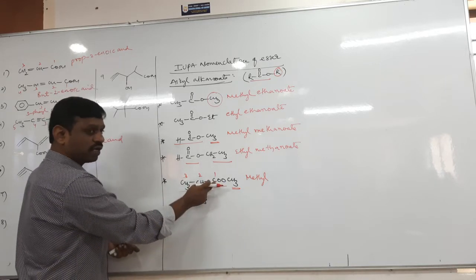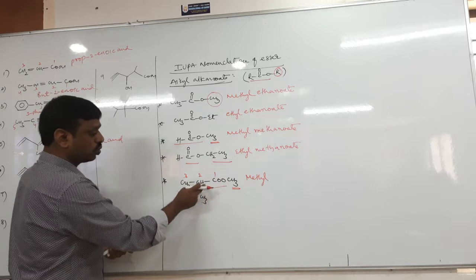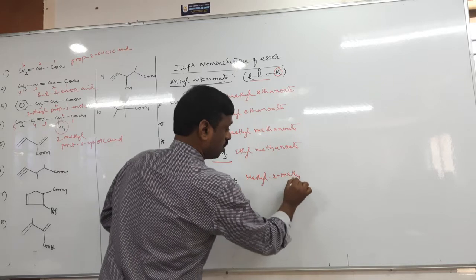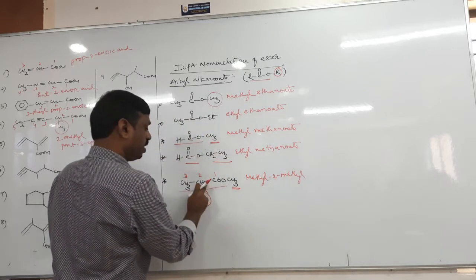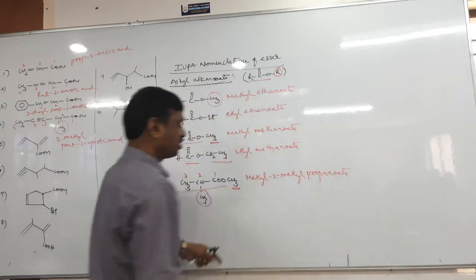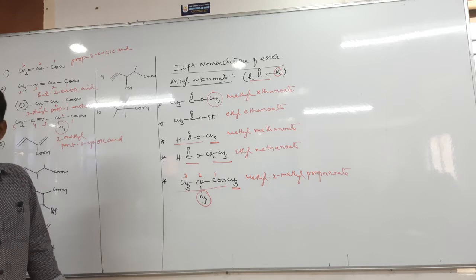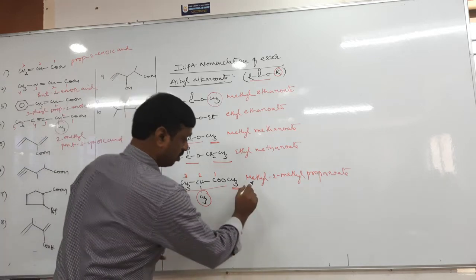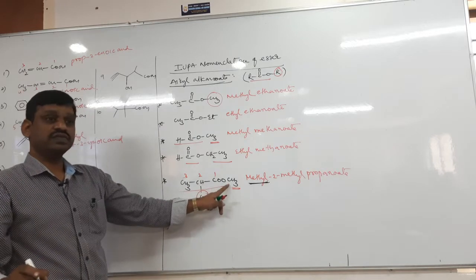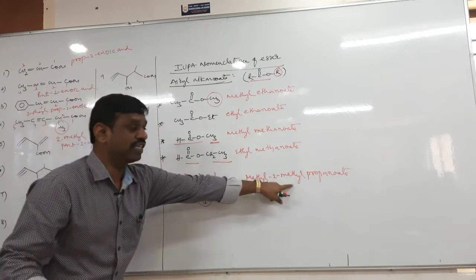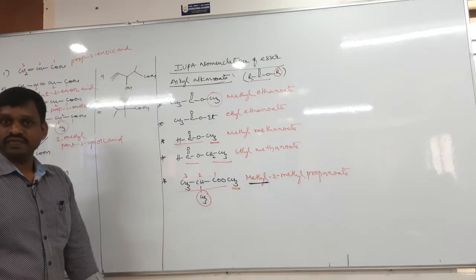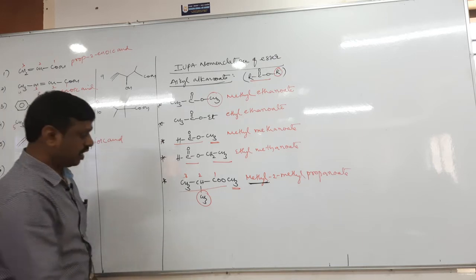This is the carboxylate group, 1, 2, 3. Therefore, on the second carbon there is a methyl, 2 methyl, then propanoate, that is methyl 2 methyl propanoate. Here the first methyl indicates the methyl group attached to the oxygen. Then 2 methyl indicates the methyl group present on the alkanoate part. That is the difference.